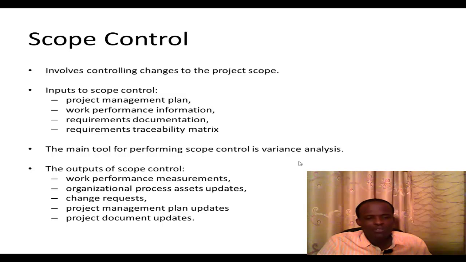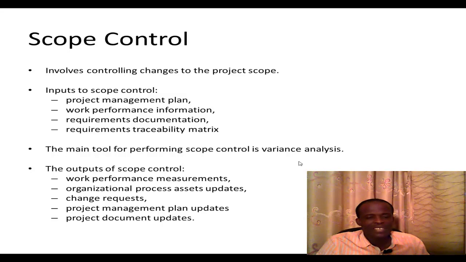So the outputs of the scope control include work performance measurements, organizational process assets updates, here again change requests, project management plan updates, and project document updates. So after the scope control, you should have some performance measurements.